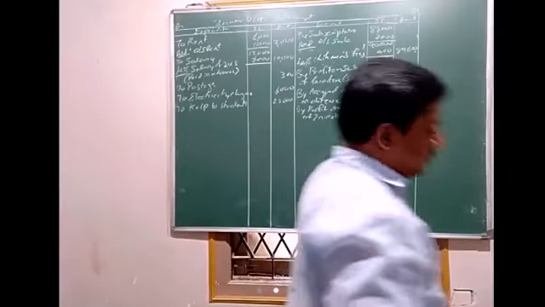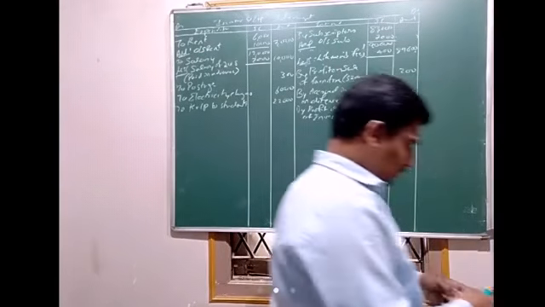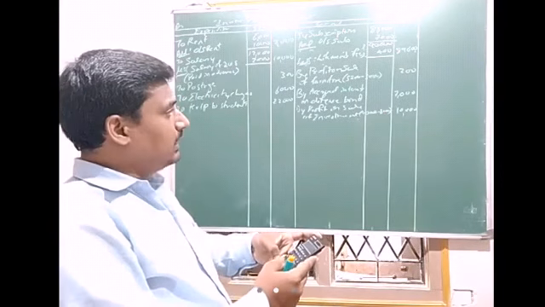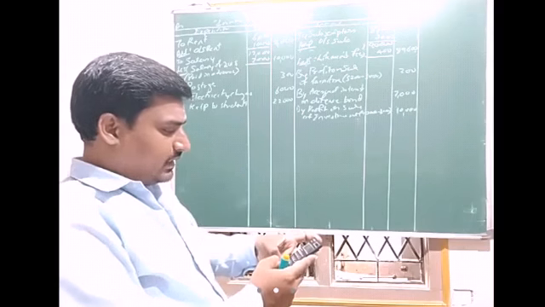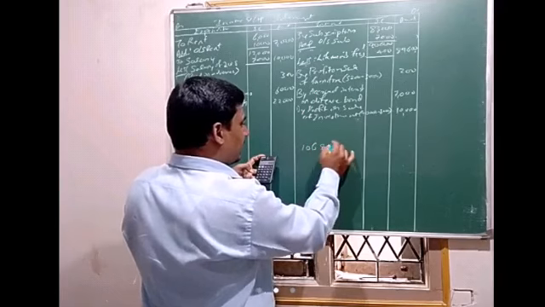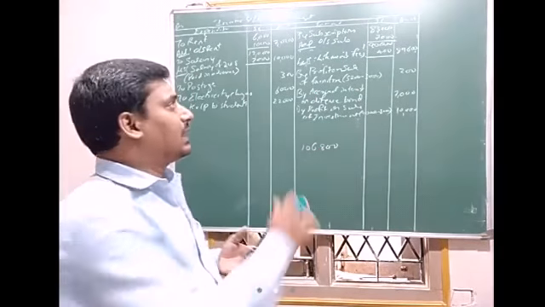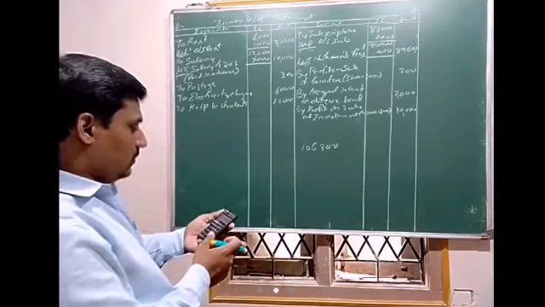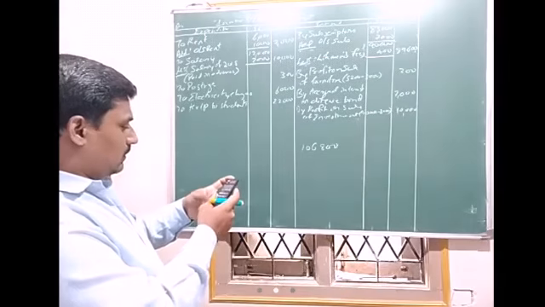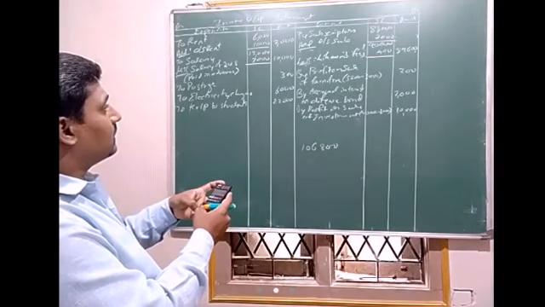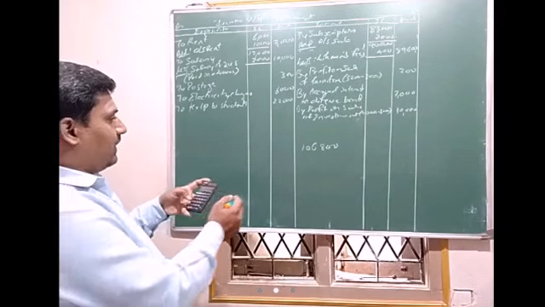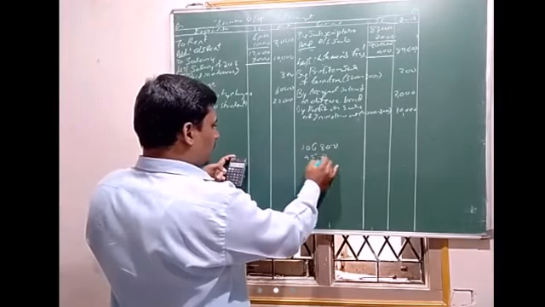Okay, now 89,600 plus 200 plus 17,000. So 1,06,800. 1,06,800 is the total of income side. Now come to payment side. 17,000 here also plus 28,300. 45,300.